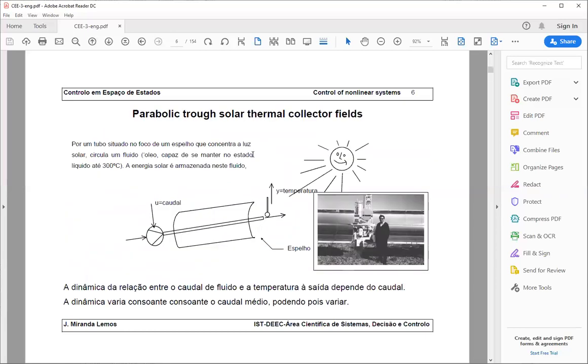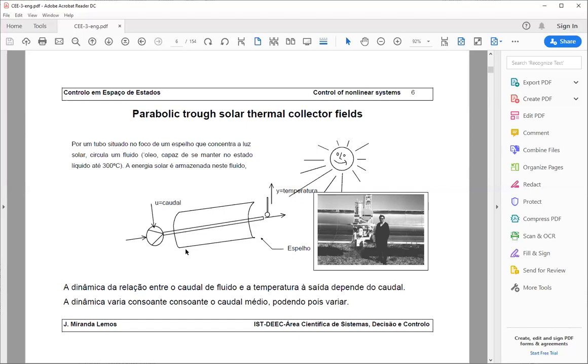Now, let's start with the first example, parabolic trough solar thermal collector fields. How is this made? Well, the objective is to collect solar energy and to transform it into thermal energy. And you can see here a sketch of one example of a solar thermal field, actually the parabolic trough solar thermal field.